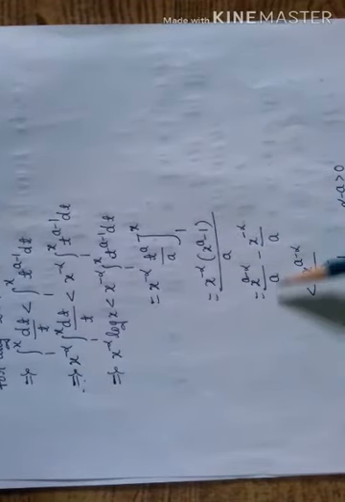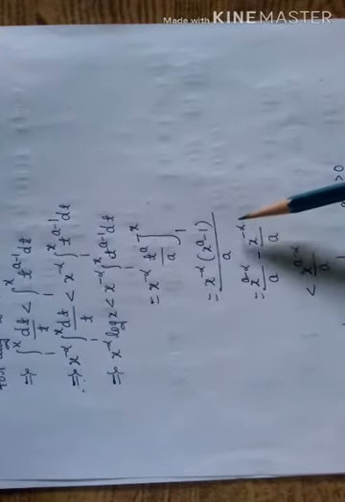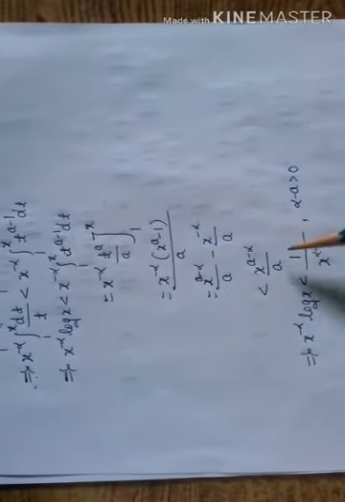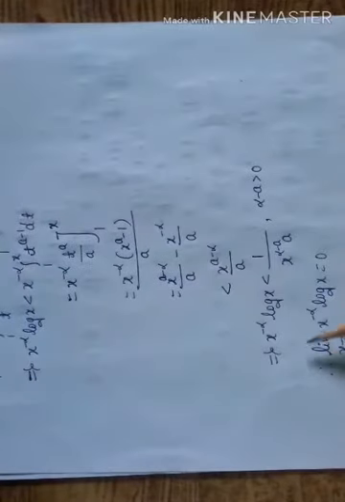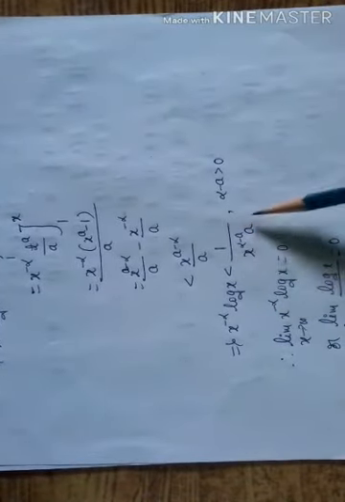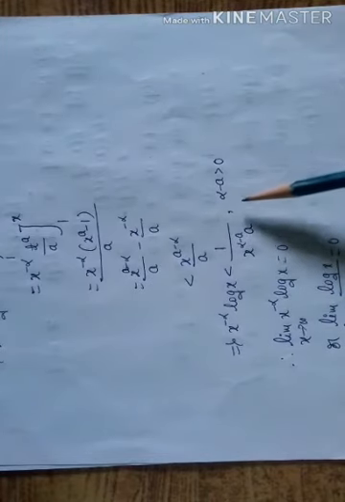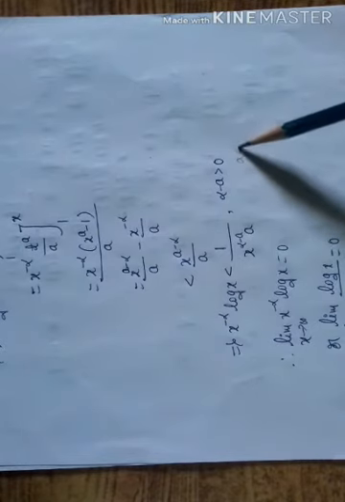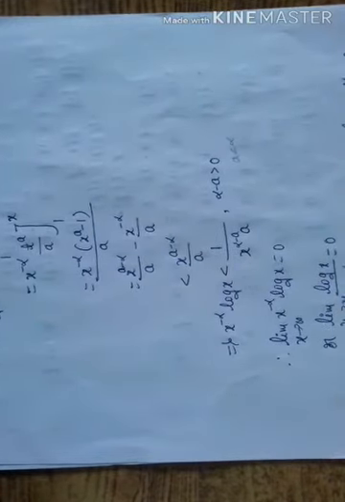Splitting, this is equal to x to the power of a minus alpha divided by a minus x to the power of minus alpha divided by a. This value is clearly less than x to the power of a minus alpha divided by a. This implies x to the power of minus alpha log x is less than 1 by x to the power of alpha minus a into a. Alpha minus a value is greater than 0 because a is less than alpha.